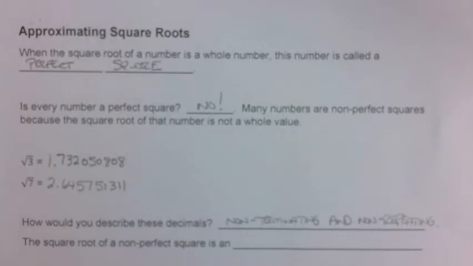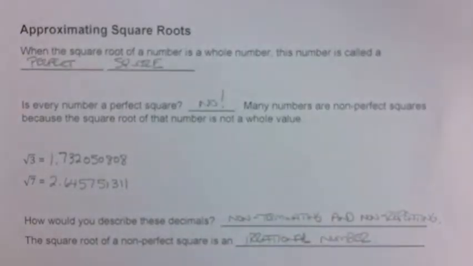They go on forever without repeating in a pattern. That means that the square root of a non-perfect square is an irrational number. Remember that irrational numbers are decimals that are non-terminating and non-repeating. Anytime you take the square root of a number that's not a perfect square, you're going to get a non-terminating and non-repeating decimal.